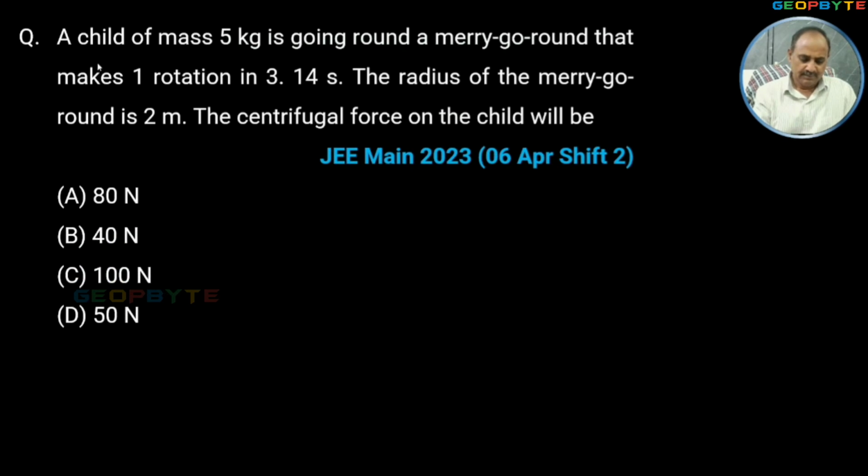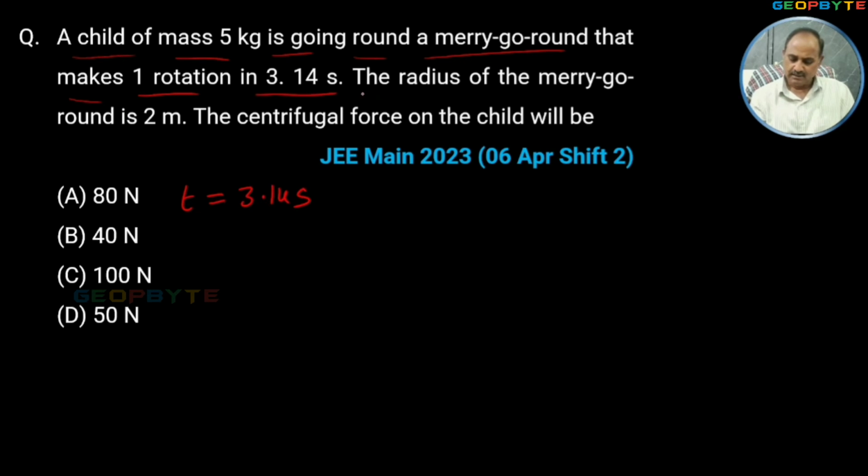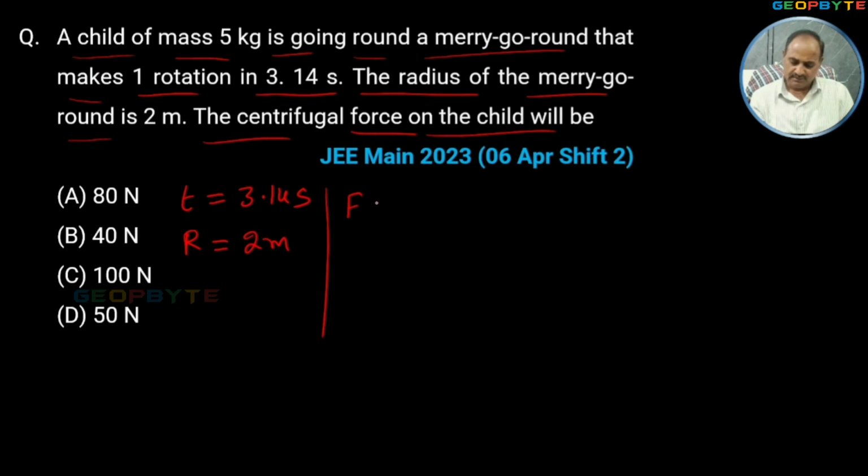It is asking like this. A child of mass 5 kg is going round a merry-go-round that makes one rotation in 3.14 seconds. The time taken for completing one revolution equal to 3.14 seconds. The radius of the merry-go-round is 2 meters. The centrifugal force on the child will be m r omega square.